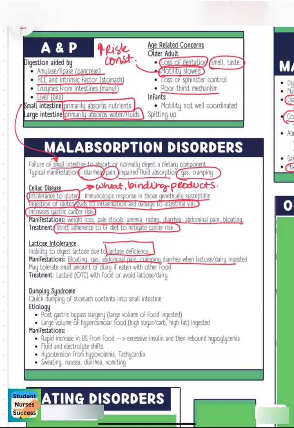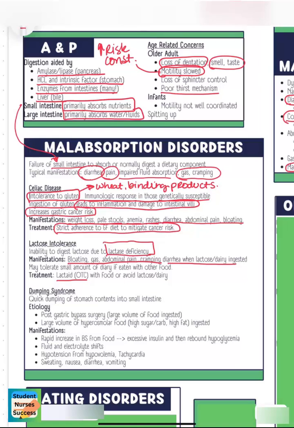Now, some individuals may tolerate small amounts of dairy if they eat it with other foods. So, if it's a small amount of cheese mixed in with other foods, they may be able to overpower and tolerate it. But if they can't, the easy solution is to take Lactaid. Lactaid is an over-the-counter pill or chewable that you can take.